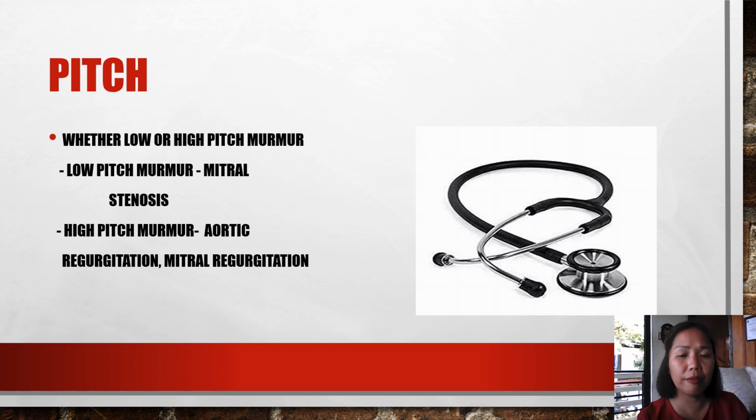We use the bell of the stethoscope when we listen to a low-pitched murmur like that of mitral stenosis. We use the diaphragm to listen to a high-pitched murmur like that of aortic regurgitation or mitral regurgitation.